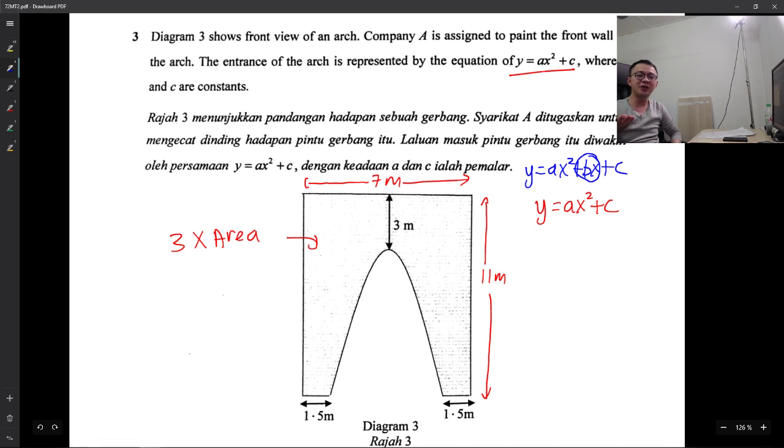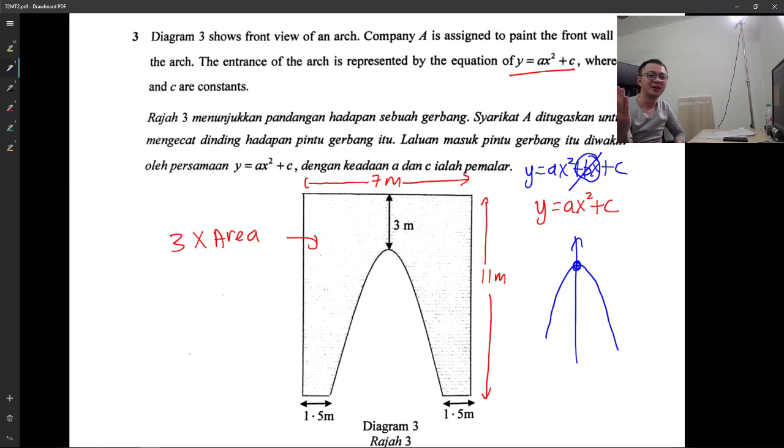If you watched the live streaming I did yesterday, I mentioned that if there is no bx, the maximum point will lie on the y-axis. Because the purpose of bx is actually moving the graph to the left and right. Without the bx, the graph itself will be on the y-axis. I hope you get some idea.